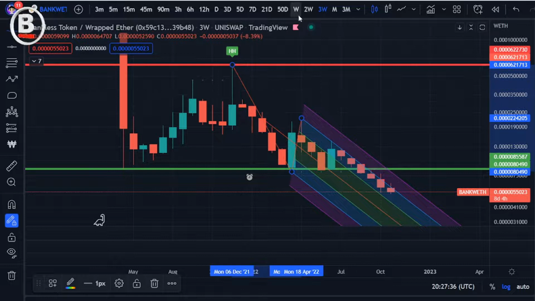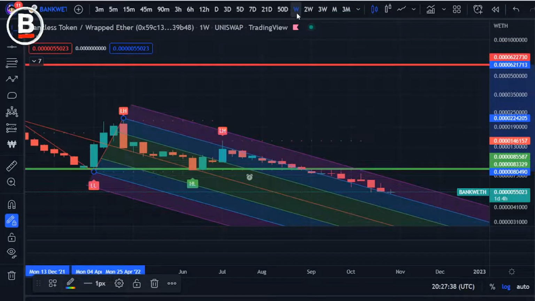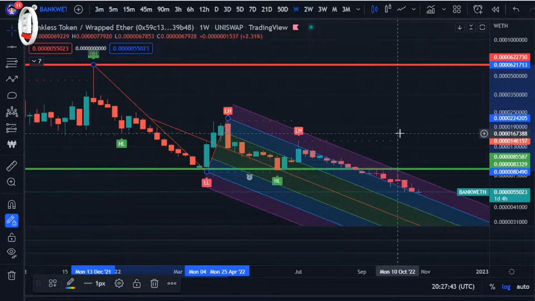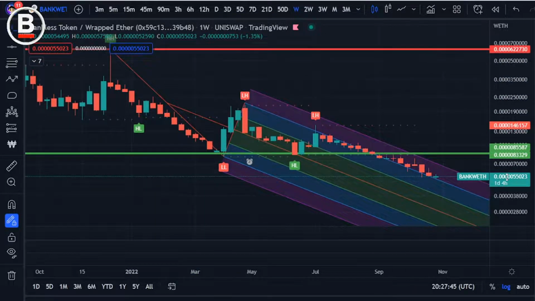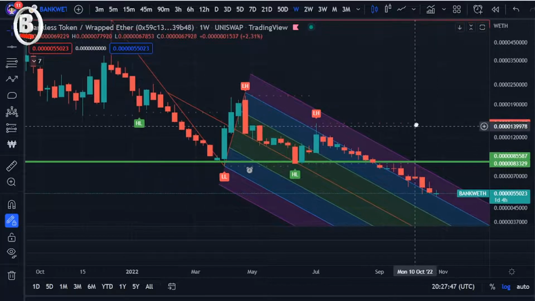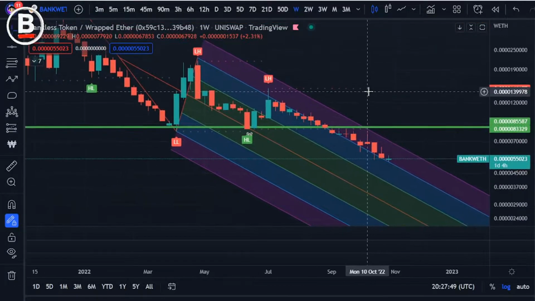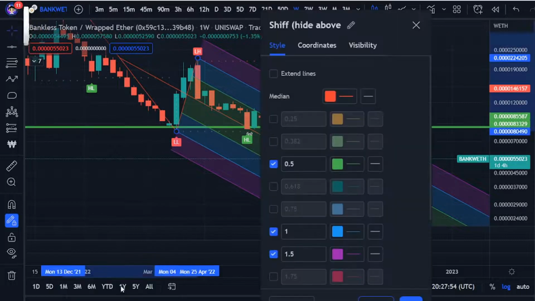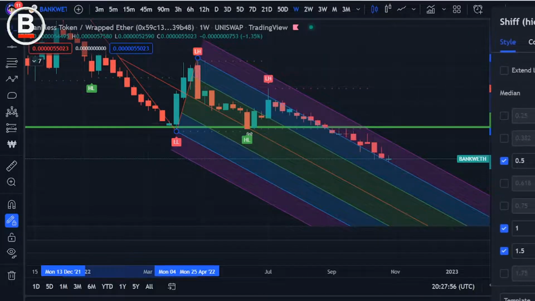And we're actually going to drop down to the weekly to get a little better view. Essentially, we can look at the settings real quick here.